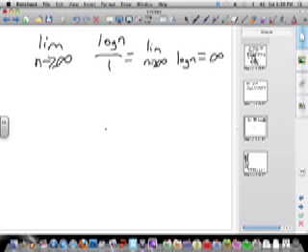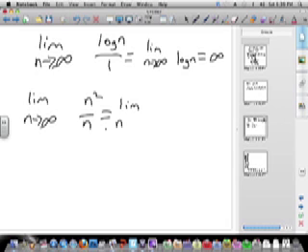This shows that log of n grows much faster than 1. We can also take the limit as n goes to infinity of n squared over n, which equals the limit as n goes to infinity of n, which also goes to infinity, proving that n squared grows much faster than n.